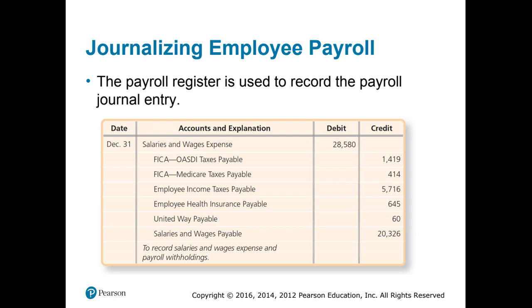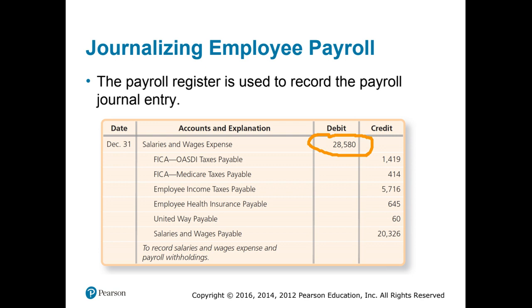So over here in our journal entry, we've debited that $28,580, but now we need to credit as well to make sure that our debits and credits equal. So we're just going to bring in the totals for each of these accounts for that particular period.